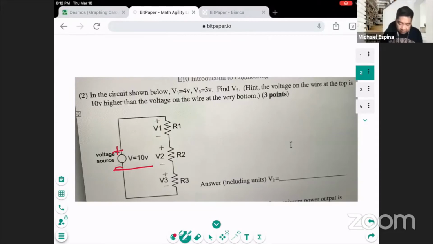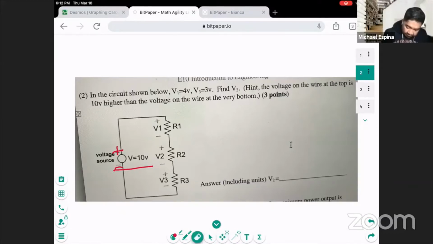Actually, there's Kirchhoff's voltage law that says if we add together all the voltages in a loop or in a circuit, it will be equivalent to 0. So let's try to do it. We'll start our loop from the negative side of this voltage source.